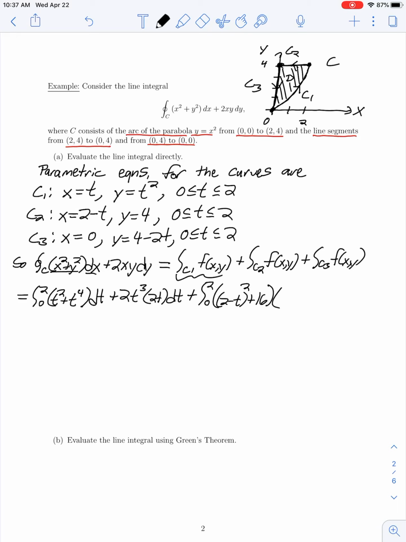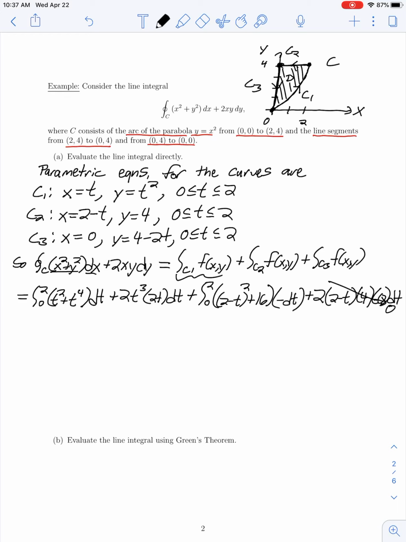Now x was 2 minus t, so dx is going to be negative 1 dt, plus 2 times x times y. Now x was 2 minus t times y, which is 4, times dy. Now on C2, y is a constant 4, so dy is then 0 dt. So this second piece gives us 0 when we take that product.